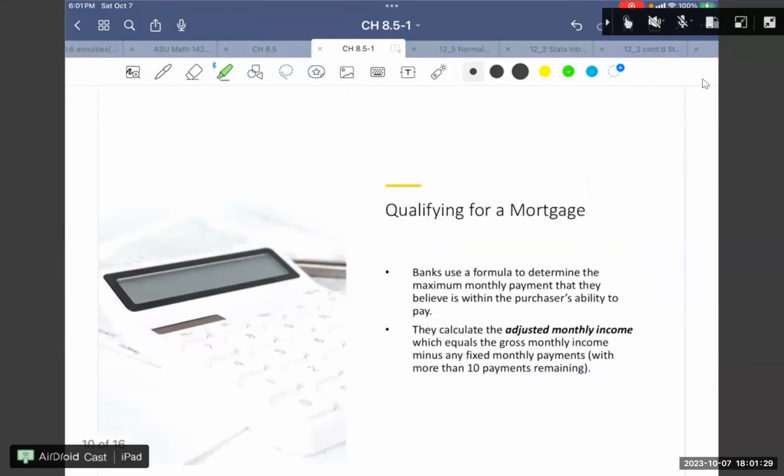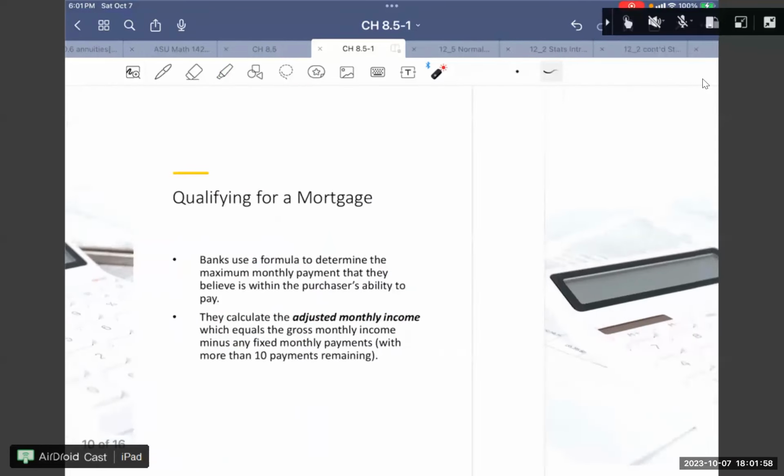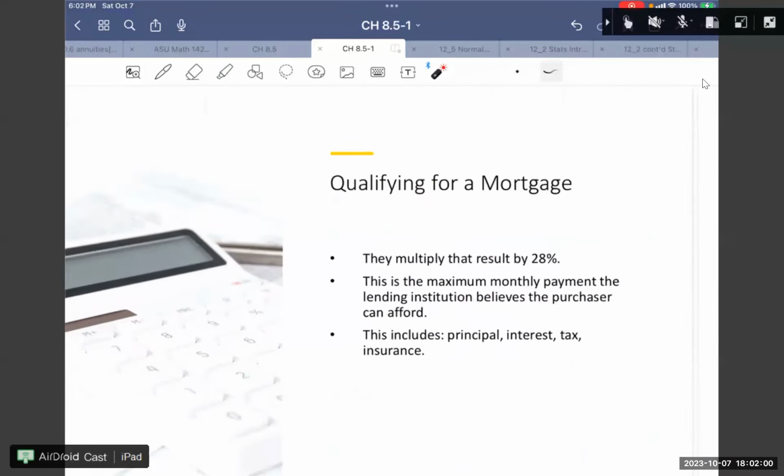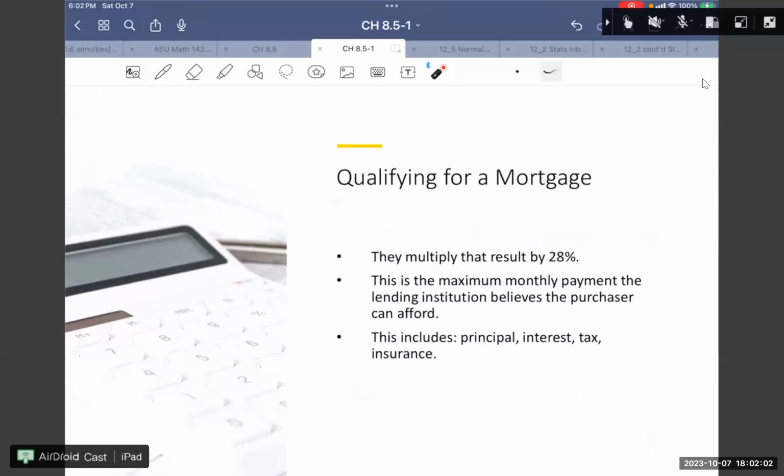Now, the qualification for the mortgage. The bank uses a formula to determine the maximum monthly payment that they believe the purchaser can afford. They calculate the adjusted income, equal to gross income minus any fixed monthly payments with more than 10 payments remaining.